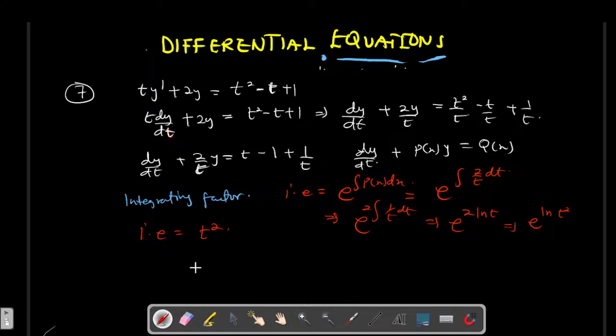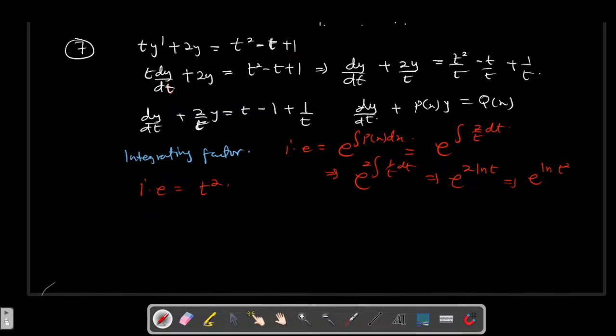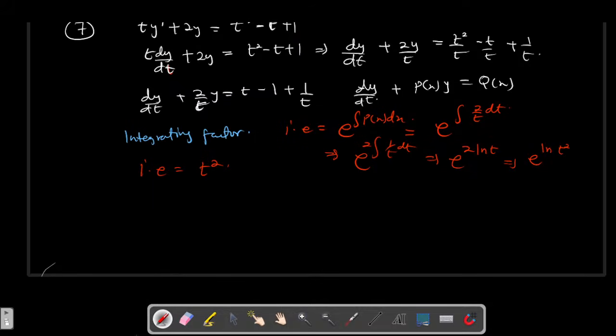Okay. Now that I have my integrating factor, I proceed to solve my differential equation. After finding your integrating factor, the next step in solving a linear differential equation is multiplying your integrating factor throughout. Okay, this is where we reached. So we need to multiply through this equation by our integrating factor.